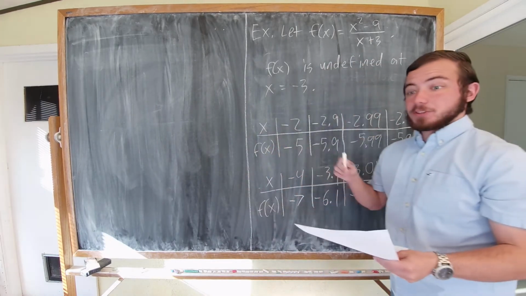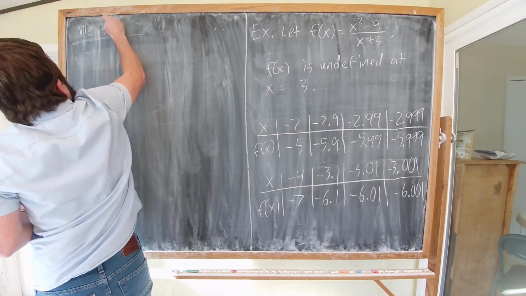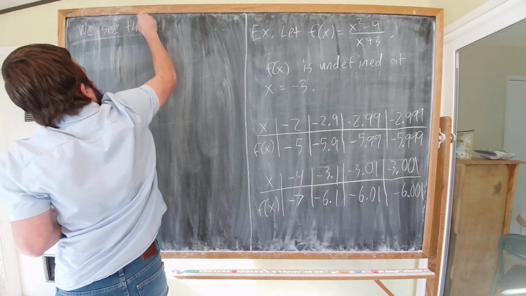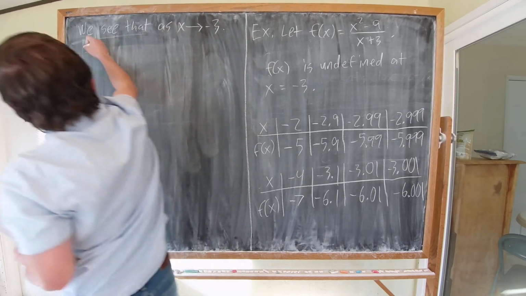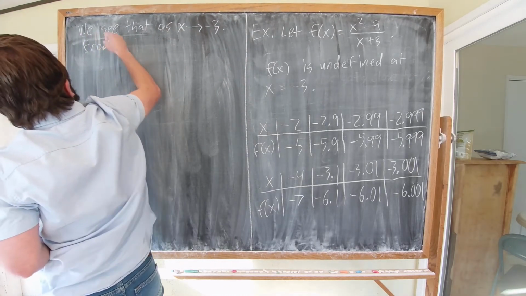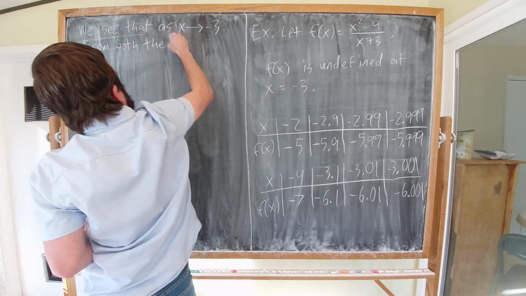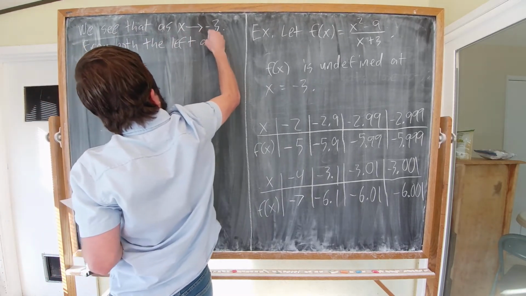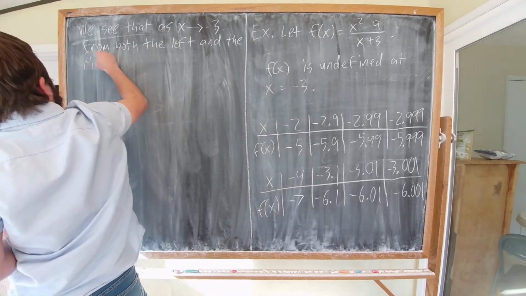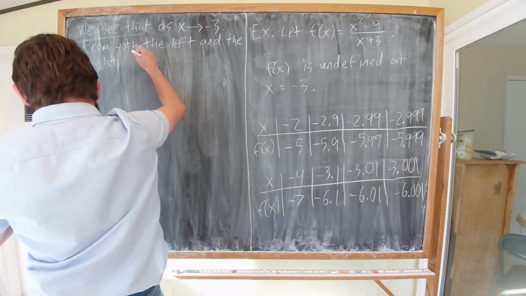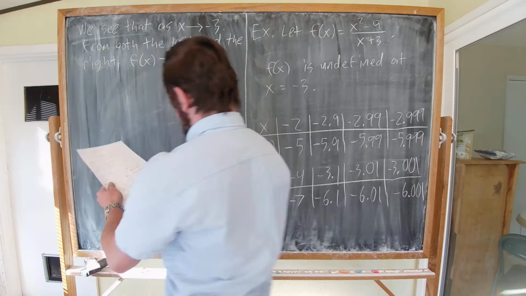For this example specifically, we see that as x goes to negative 3, from both the left and the right, that is important, then f of x is going to go towards 6.